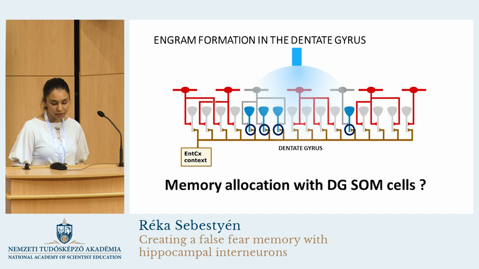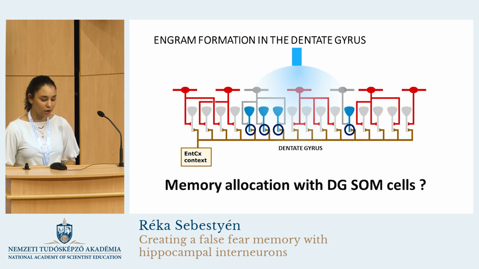So now, we know that dentate gyrus somatostatin-positive interneurons play a role in engram formation, and we are curious to see whether or not they also play a role in memory allocation, which I would like to remind you, is when two different context-coding engrams for two different memories are shared.